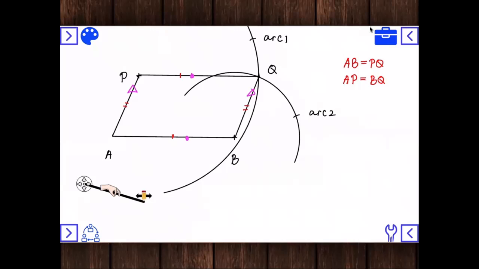Okay. Do we have that condition? Do we satisfy that condition? We do. Because we know AB is equal to PQ and AP is equal to BQ. So from these 2 pieces of information, we can draw the conclusion that PQBA is a parallelogram.